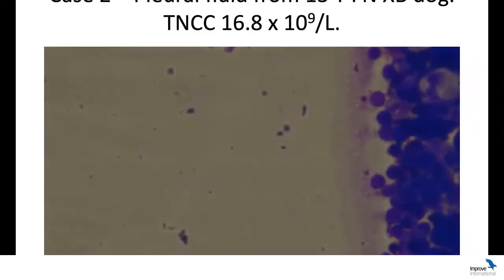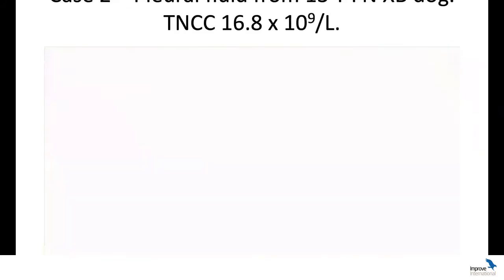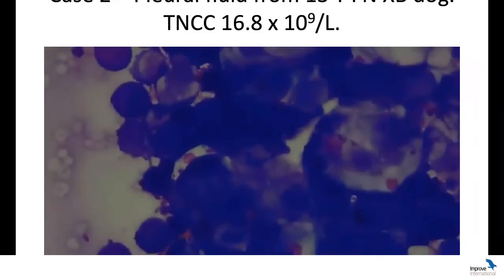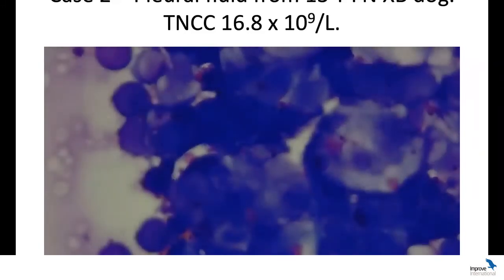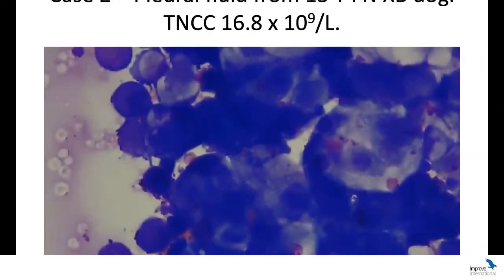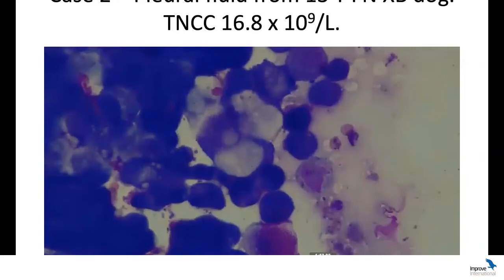In this line is where we're going to look at the morphology of these cells and be able to assess them a little bit better to look for morphology changes. So this is me again putting on the oil and trying to assess these cells in terms of how they are aggregated and what their cytological criteria are.